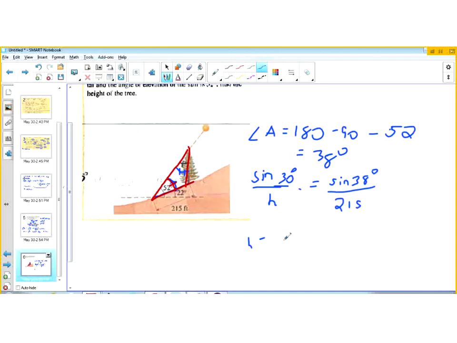So h then is 215 times the sine of 30 divided by the sine of 38 degrees. And so that turns out to be 175 feet.